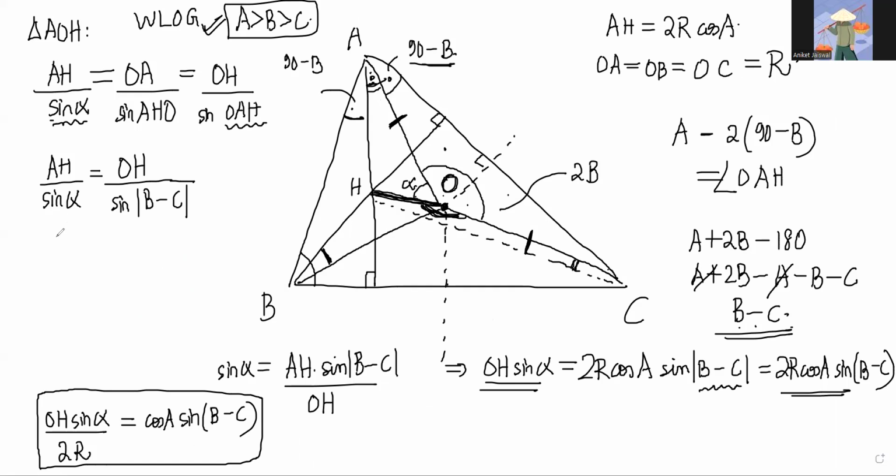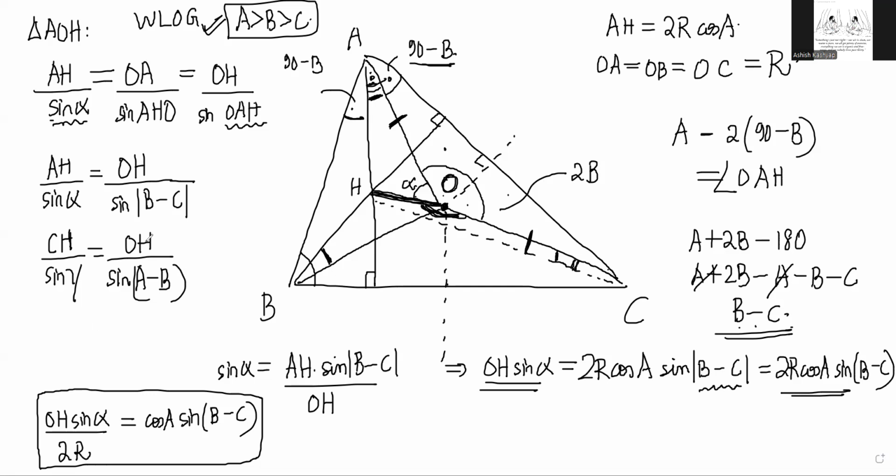CH by sine gamma should be equal to 2 OH by sine of that angle. Here it was B minus C, so here it should be A minus B, since A is bigger. We are getting this.